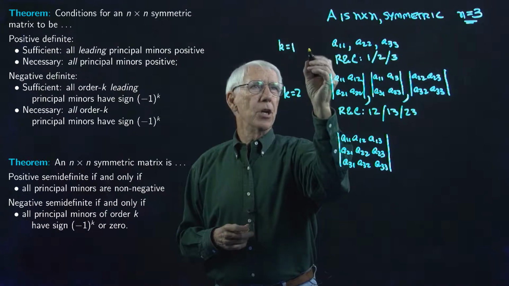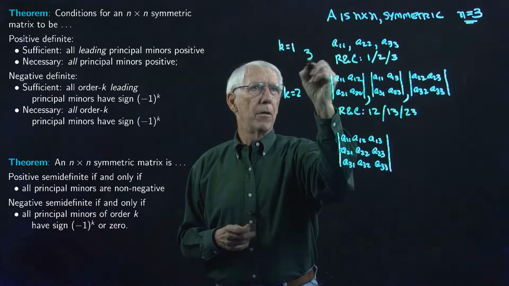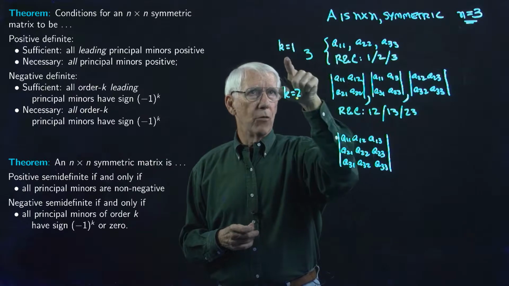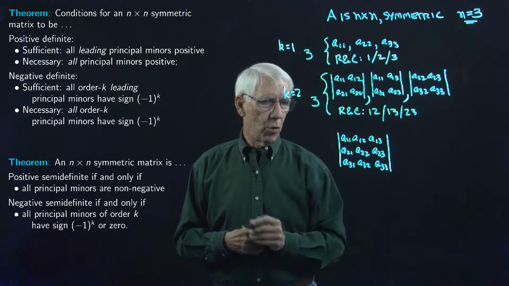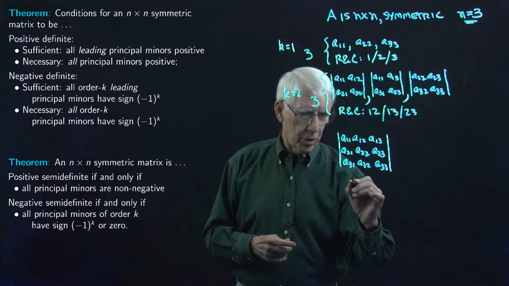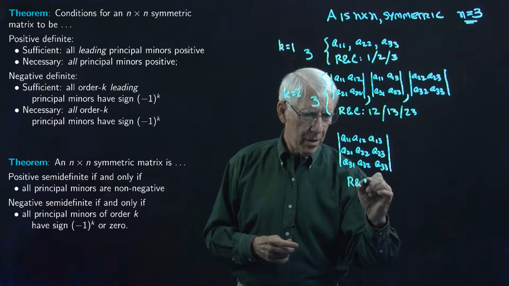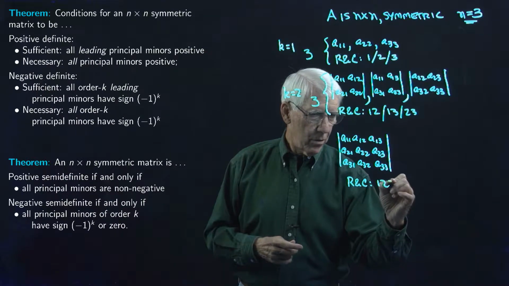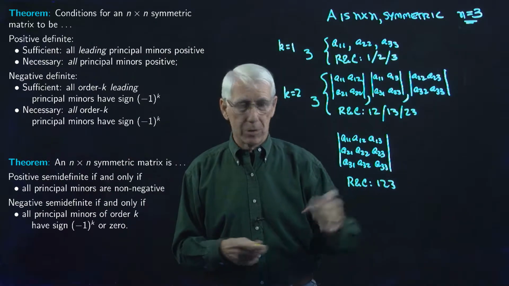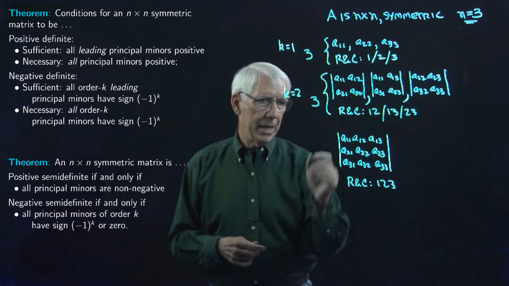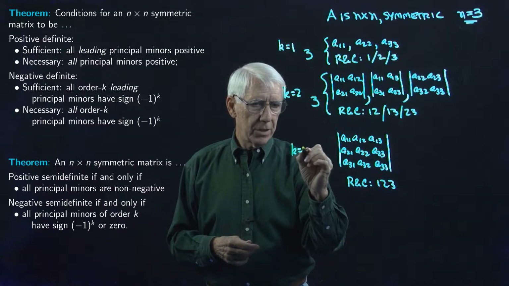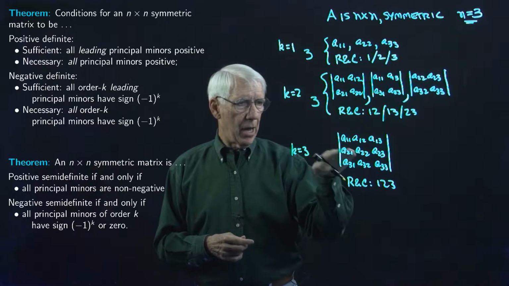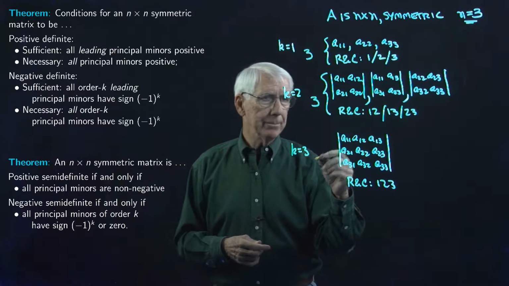And in fact, let's just notice that here there are 3 of these of order 1. Here there are 3 of these of order 2. And then here, of course, we just have rows and columns 1, 2, and 3, all the rows and columns. And let's say then this is the single principal minor of order 3.